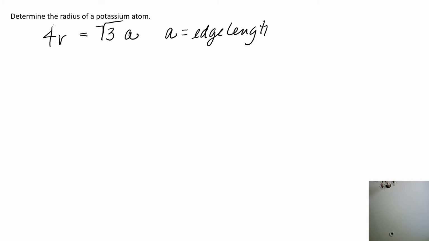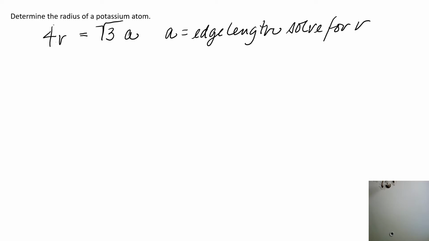Now we would like to determine the radius of a potassium atom. For the BCC cubic cell, 4 times r, where r is the radius, is equal to the square root of 3 times A, where A equals edge length. And so we can solve for r.